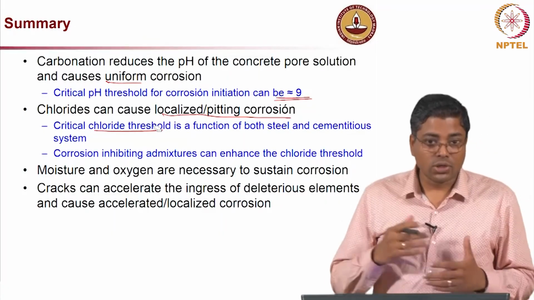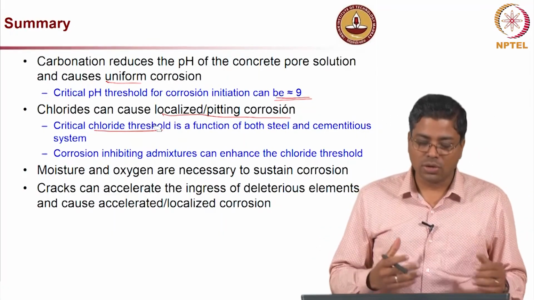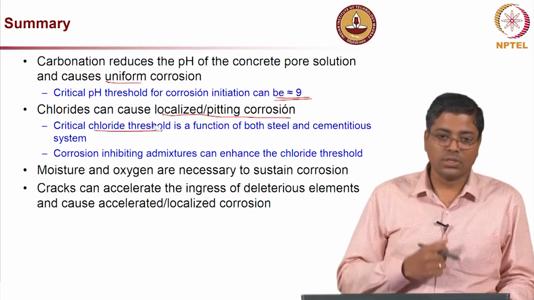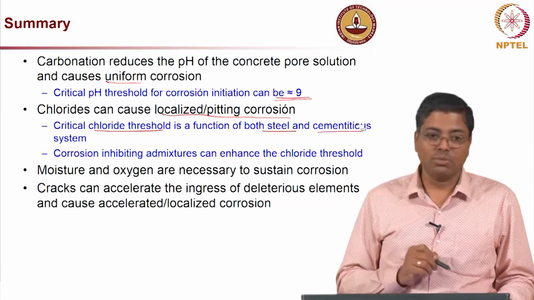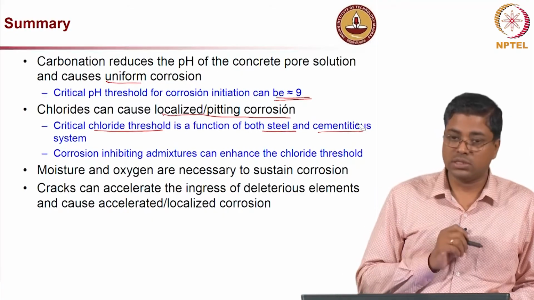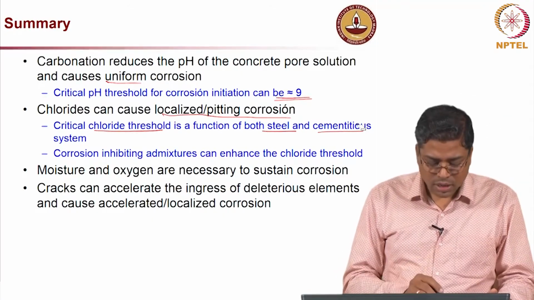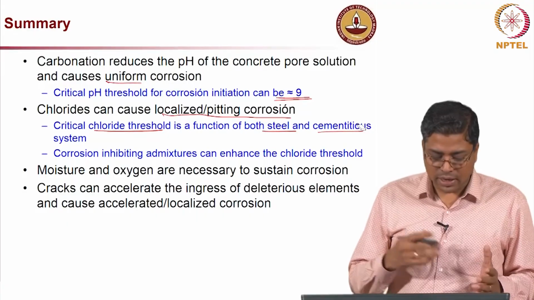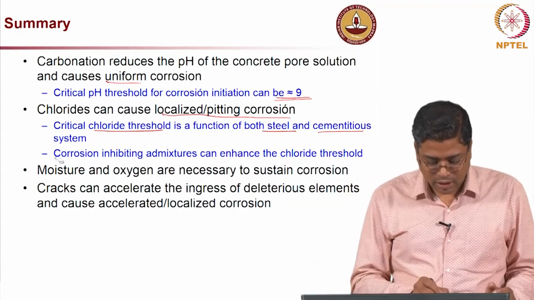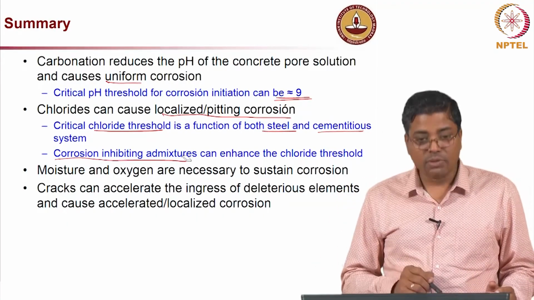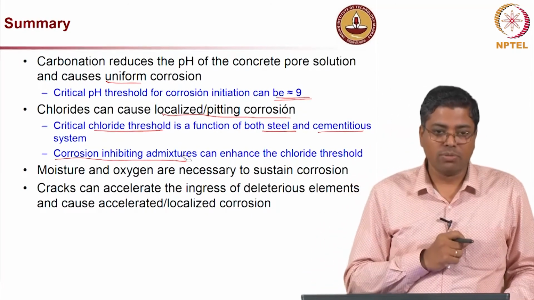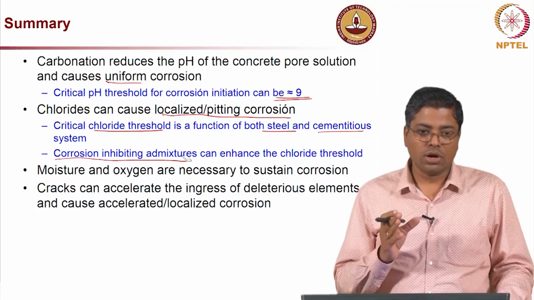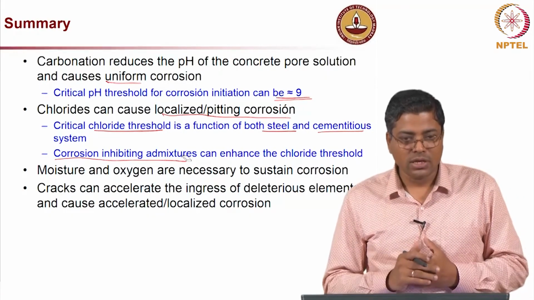The chloride threshold can be enhanced by using corrosion inhibitors, and it is a function of both the steel and the cementitious material used, not just the steel. The dosage of the corrosion inhibitors used is also very important to consider. It should not affect the other properties of the concrete.